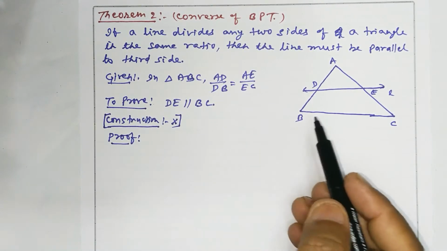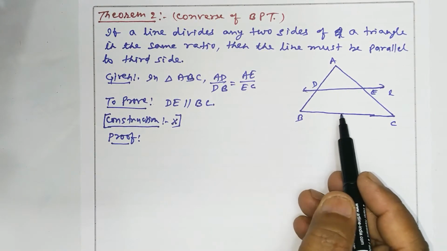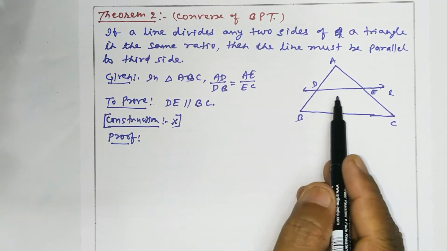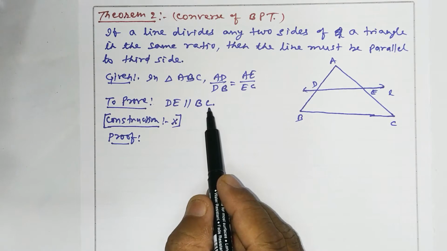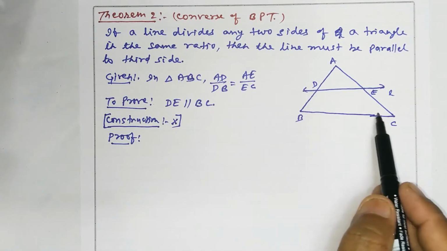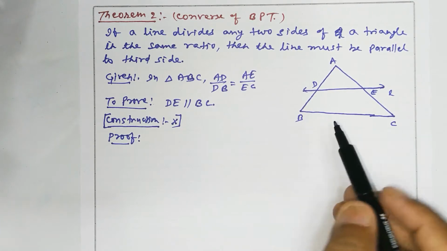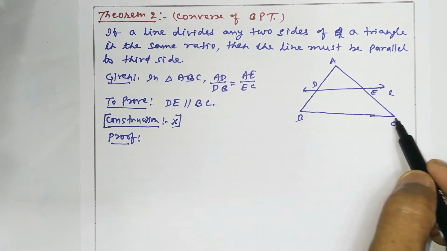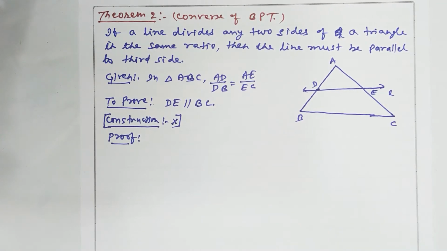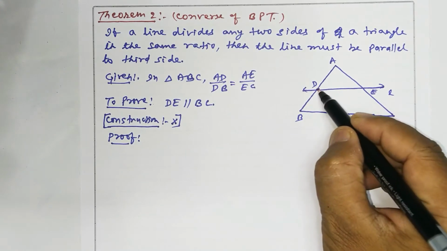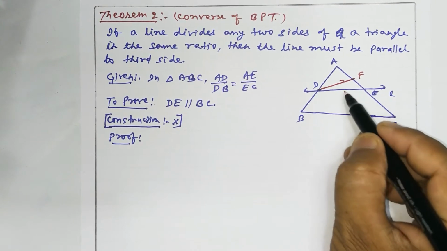Clear? Now we prove it by contradiction, as we used contradiction in the real numbers chapter. Similarly, here we have to use proof by contradiction. We have to prove DE is parallel to BC. Then we suppose that DE is not parallel to BC. Then we can draw one more line here which is parallel to BC. Suppose we have drawn DF, which is parallel to BC.